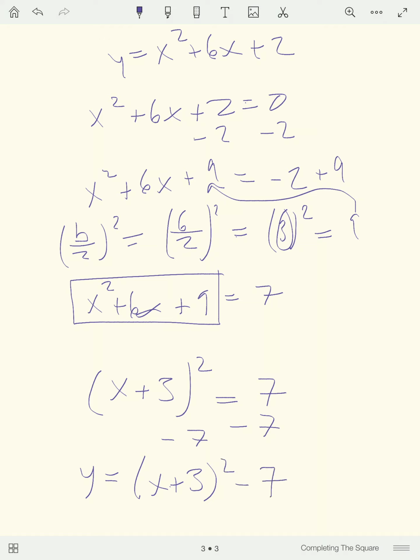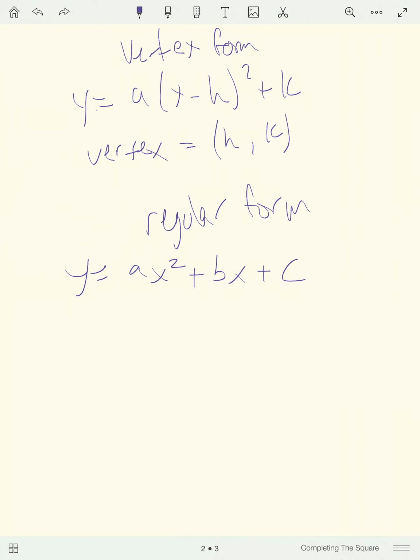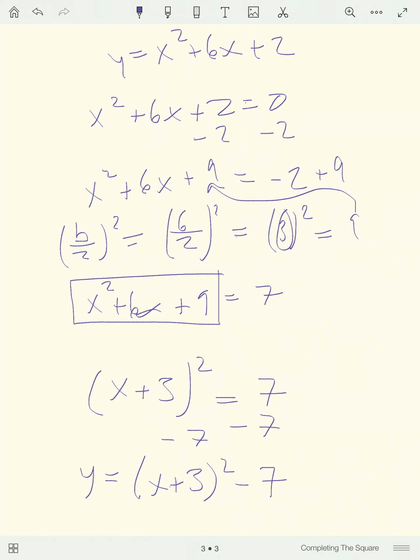And if we look back real quick, that is indeed in vertex form. y equals a times x minus h squared plus k. And we do have that form here. To point out as well, here is our h term, here is our k term. Remember that that original formula said x minus h, which means that whatever we have in that h position, we're going to change the sign.